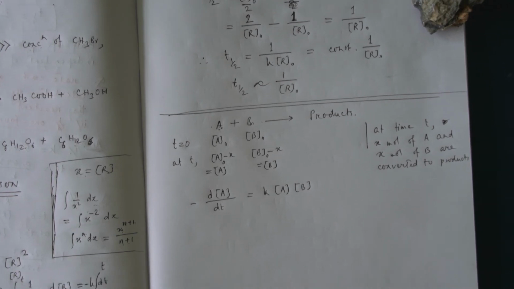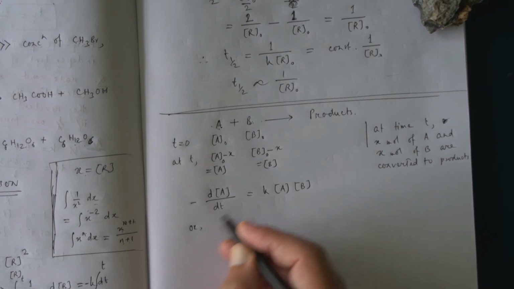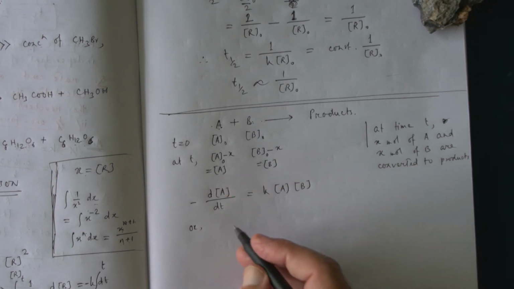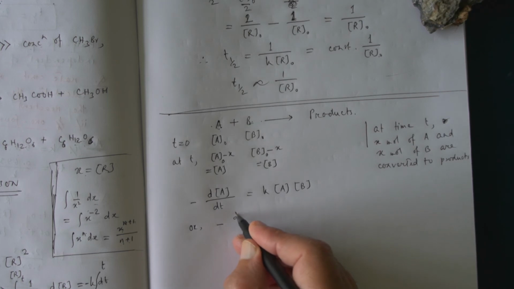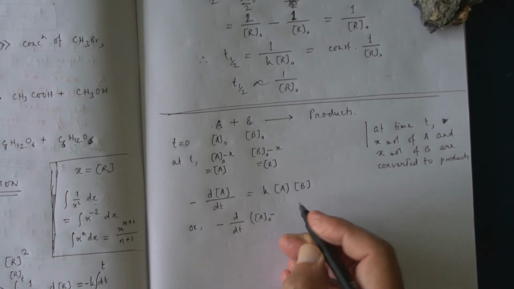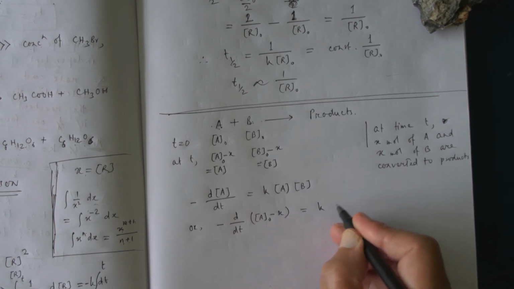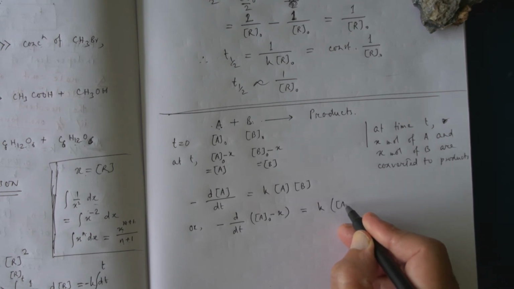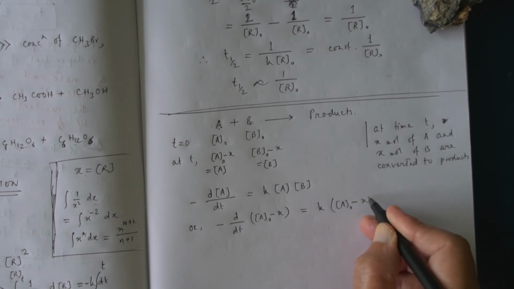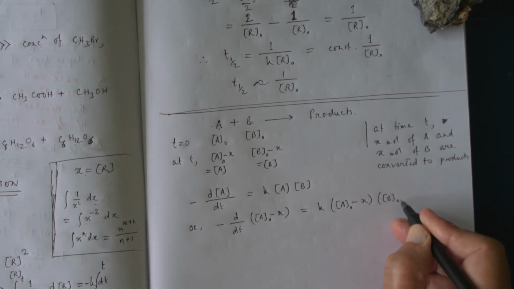Or I can write minus d/dt of (A naught minus X) equals K, where A equals A naught minus X and B equals B naught minus X.